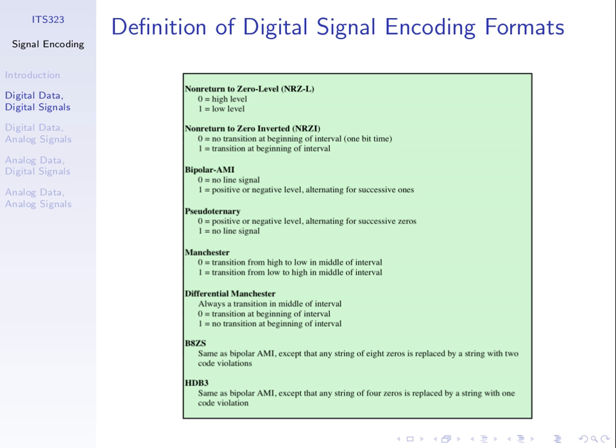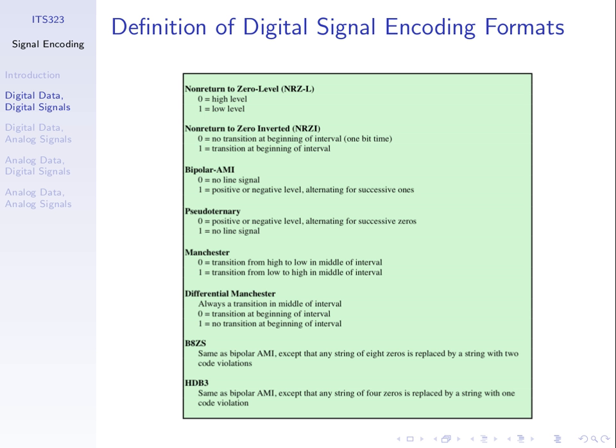At the start means here we're going to change the level from high to low, and then in the middle we're going to change. With a bit 1, at the start we do not change the level. So we maintain it, but in the middle we will change. So for every bit in the middle of the interval we will change the level.